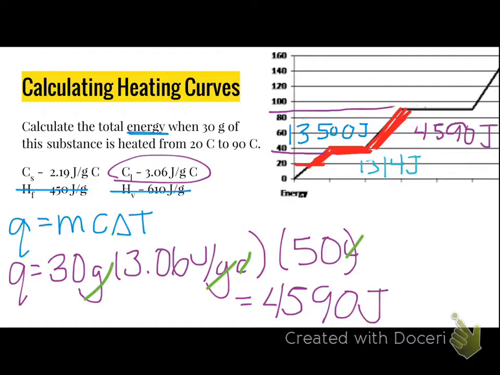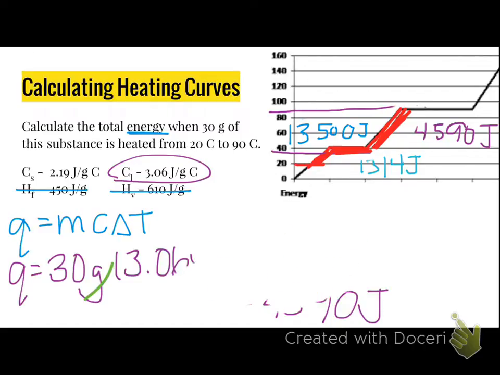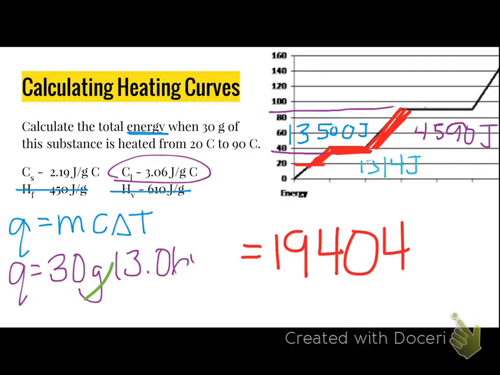So what are we going to do with these 3 numbers? The 13,500, the 1314, and the 4590. We're just going to add them together. And we're going to get a total energy of 19,404 joules.